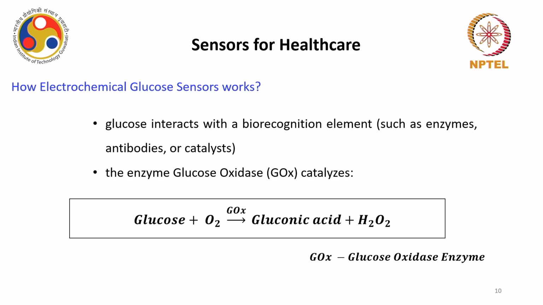Mostly these sensors are enzymatic, so we usually utilize enzymes. The enzyme which is very popular in monitoring glucose is glucose oxidase, and we mostly denote it with GOx. And it actually catalyzes.